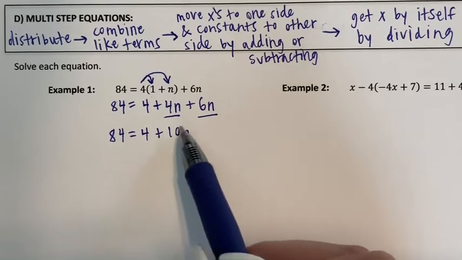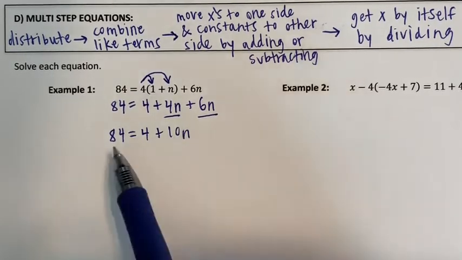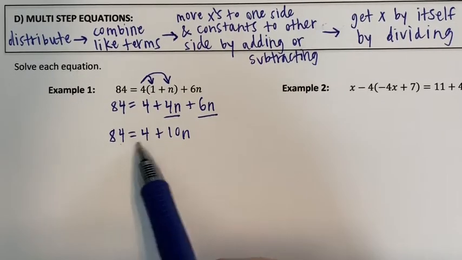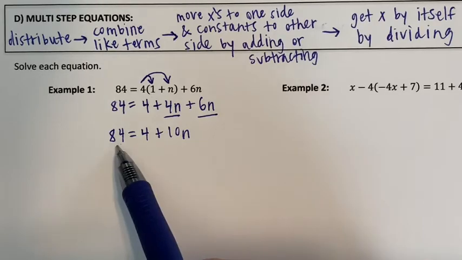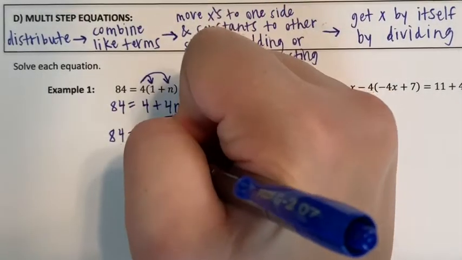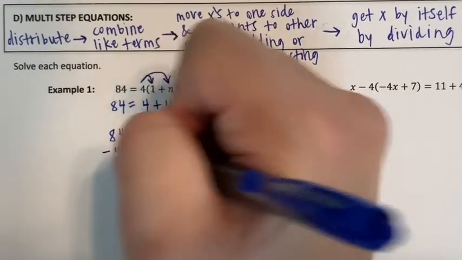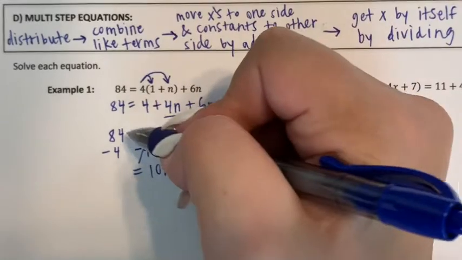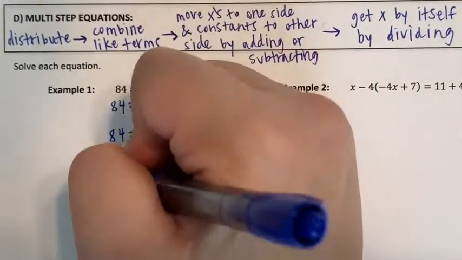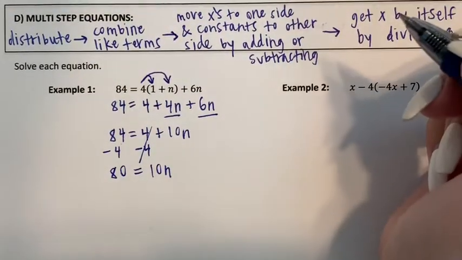I already have my n's right here all by themselves, but I see that I have constants on both sides of the equal sign. So I want to move this positive 4 over so that it can be on the same side as the 84. And I can do that by subtracting 4 from both sides. So then I'm left with 10n equals 84 minus 4 gives me 80.